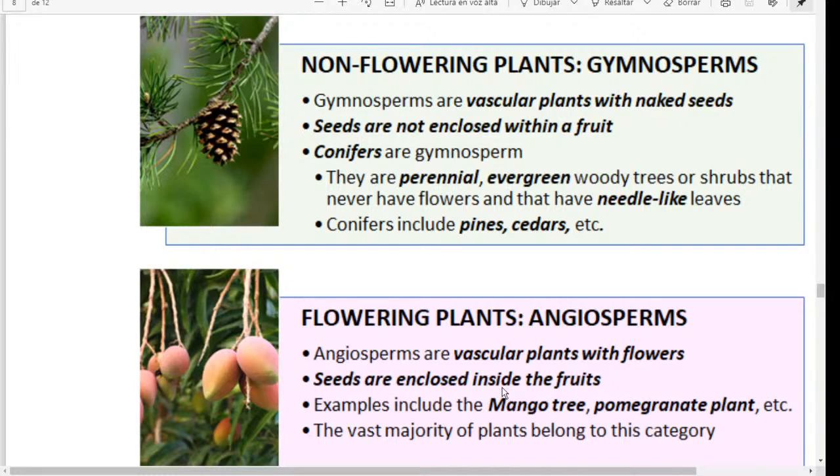They are not naked seeds, such as is the case in the gymnosperms, in conifers. In this case, they have fruits. And examples are, you name it, mango tree, pomegranate plant, orange, apple tree. The vast majority of plants belong to this category. So most plants belong to the angiosperms, but not all of them.